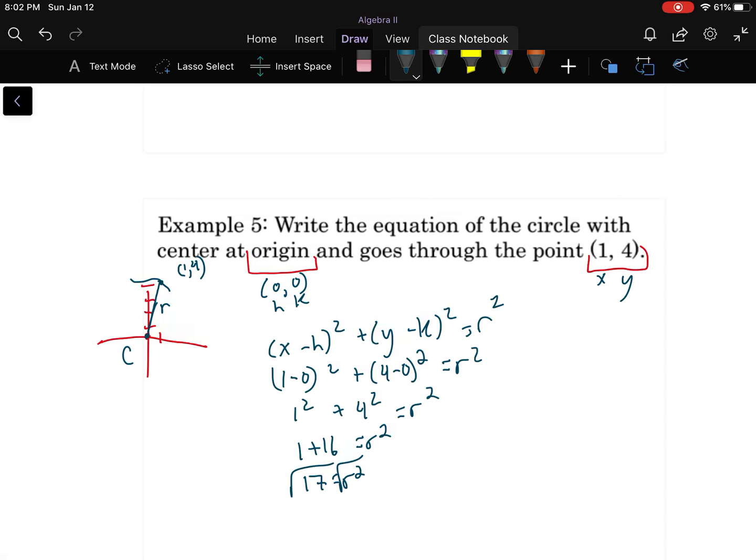The radius is the square root of 17. So the equation would be x squared plus y squared. Remember the origin, 0, 0, is my center. It equals the square root of 17 squared, or x squared plus y squared equals 17.